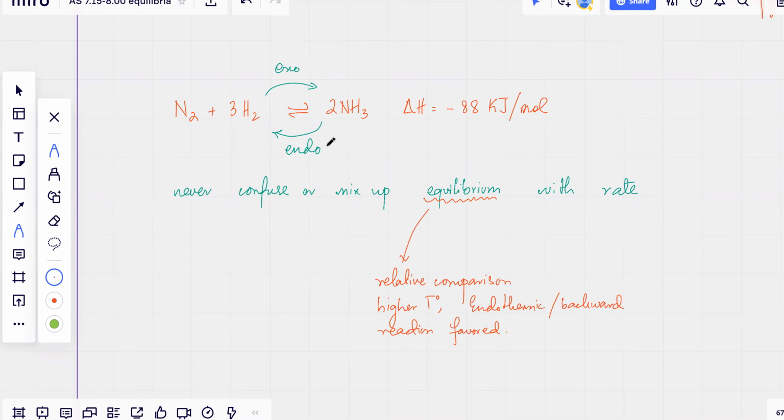Now, what that statement actually means is that it's a relative comparison. It's not talking about the speed of the reaction.